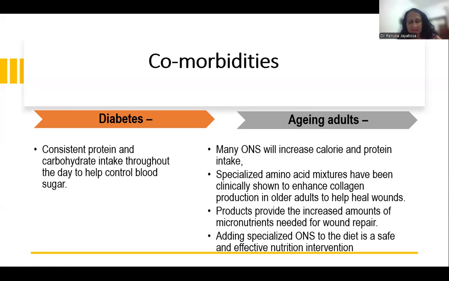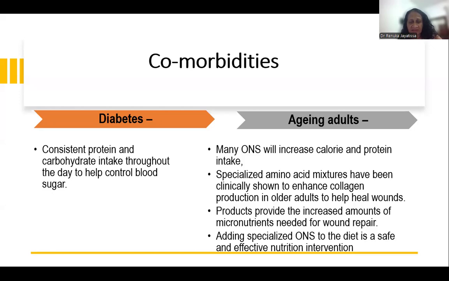Then another comorbidity is age. In older adults, sometimes they might not be able to take the calories, energy and protein that we mentioned. So they have to take some oral supplements, or sometimes specialized amino acid mixtures, something containing arginine and glutamine, which will enhance collagen production to heal the wounds.